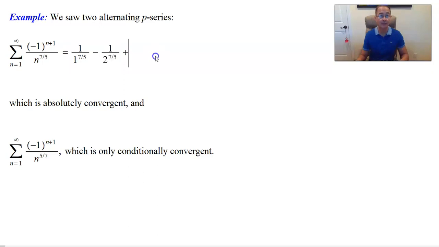So I'm going to be clever and just copy these two and turn this into a 3 and that into a 4. And once again, after 4 will be plus 5. So we will have 1 over 5 to 7 over 5, minus 1 over 6 to the 7 over 5, and so on.